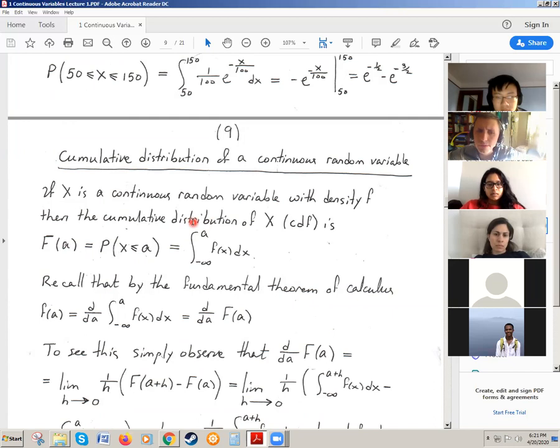CDF is the cumulative distribution function, and F at A, for any A in the domain of X, will be the probability that X is less than or equal to this A, which is the integral from minus infinity to A of little f dx.